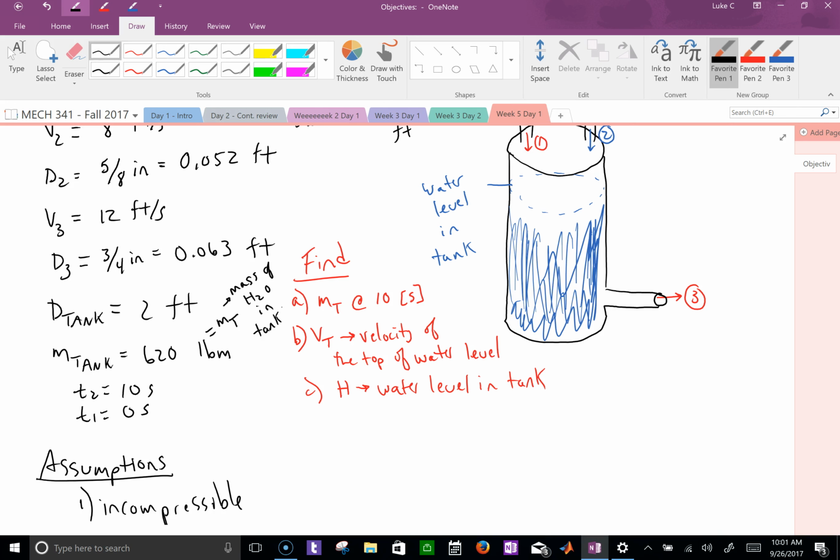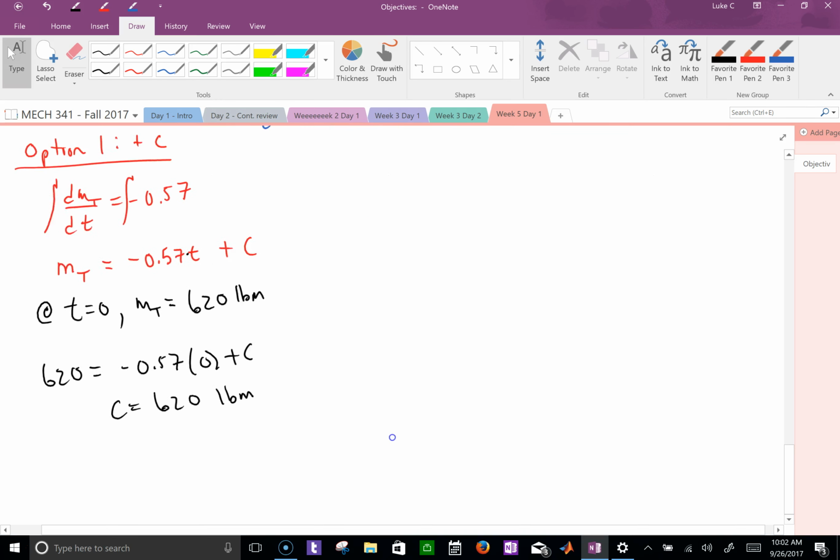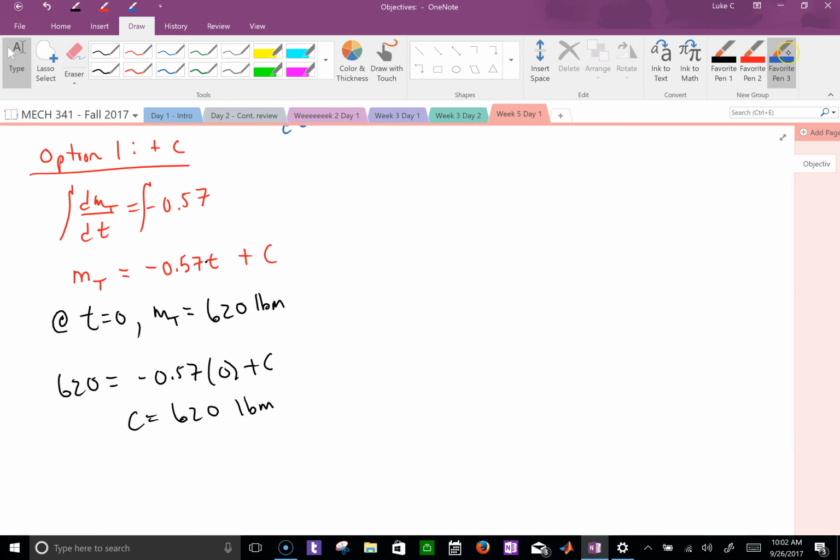But that's just at that time. Yep. So we don't know the mass of... No, but we can find it now, right? Let me fix that. Mass of water in tank. All right, so what is our equation now? Mass of t equals negative 0.57 times t plus 620.